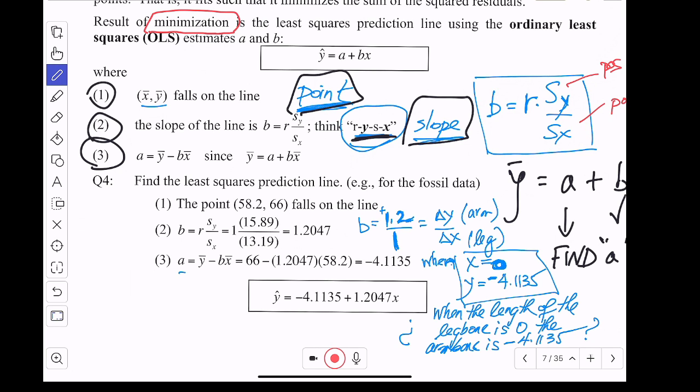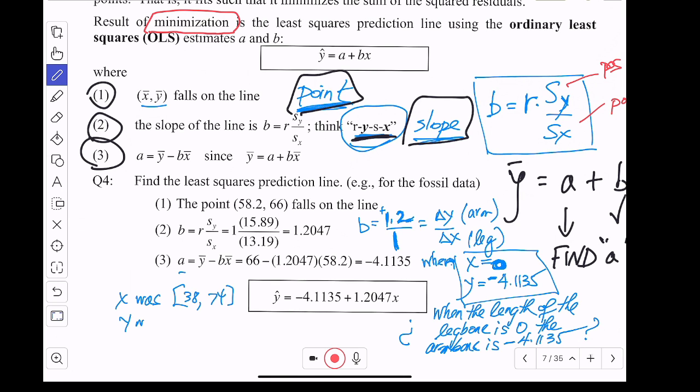Remember, x was between, I think the smallest one, I can't remember now. Let me see. Okay, so x was 38 till 74, right?